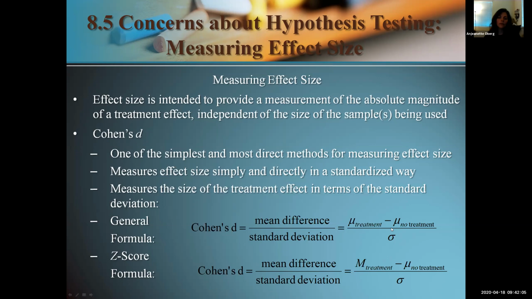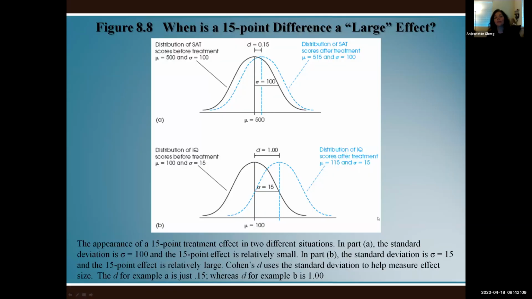Okay, so let's talk a little bit about conceptually what's happening with effect size. So here's your normal distribution, the black line, and there's our mean at 500 and our standard deviation at 100. When we have an effect size, a d of just 0.15, what that's saying is it's shifting our scores.